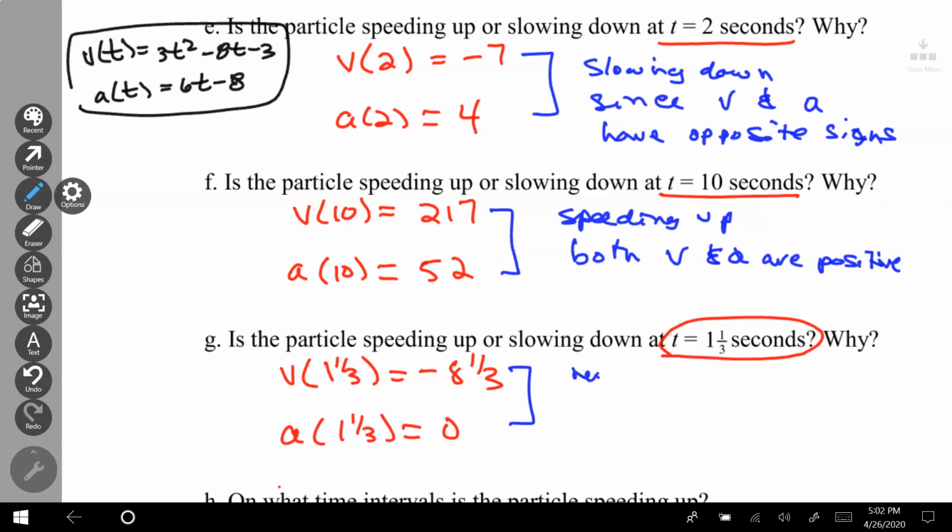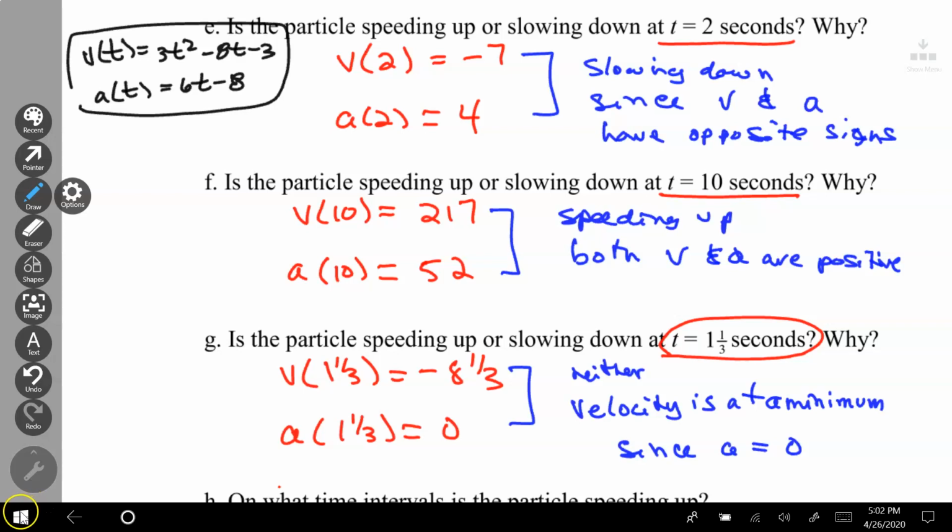It's doing neither, speeding up or slowing down. At this time, the velocity is at a minimum, as we discussed about 2 minutes ago, since a is equal to 0. It's not speeding up or slowing down. It's hit its minimum.